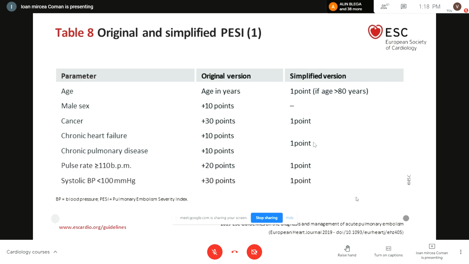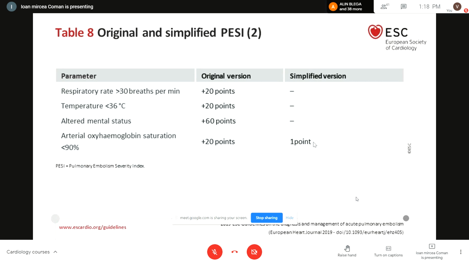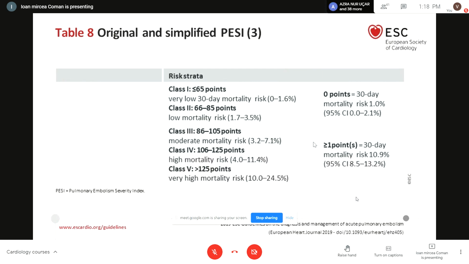So coming back to the PESI area, as you see, there you can put a point for every predisposing condition. And there is a high difference in the prognosis of these patients.